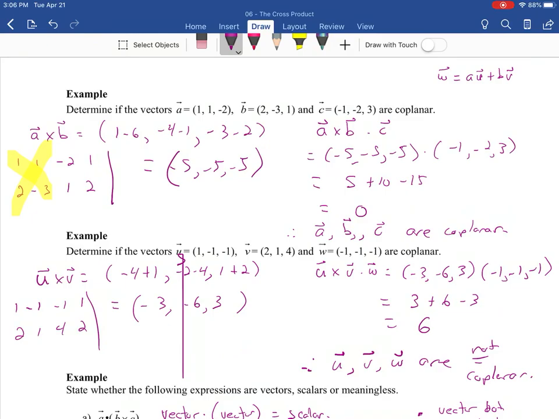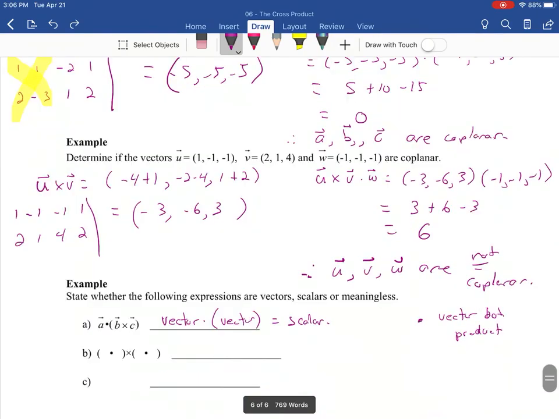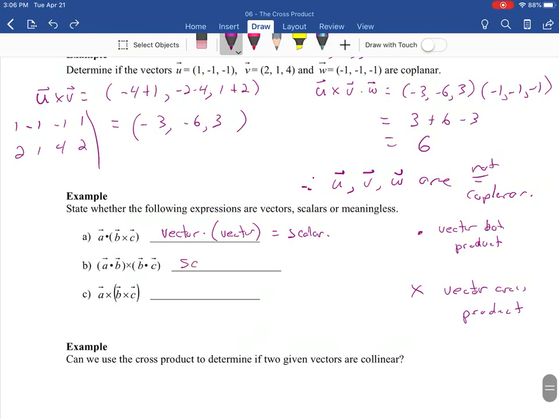Let's try another one. First bracket is A dot B. So the two vectors dot product together, we will get a scalar. And they're asking us to cross product that with another scalar. And that's not possible.